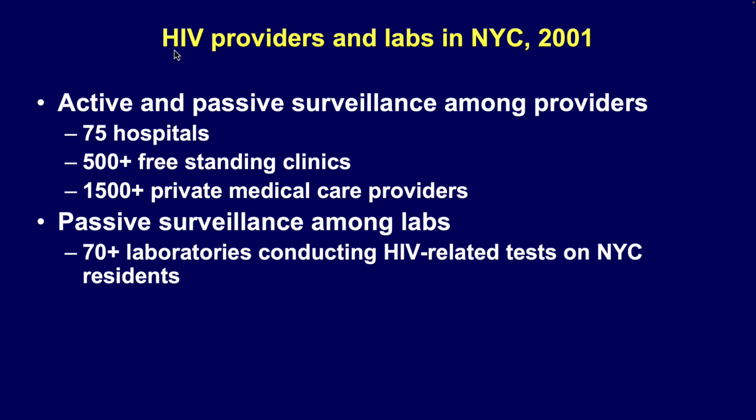So you can begin to imagine the size of the operation that might be behind the active surveillance component of New York City's HIV/AIDS surveillance system. From the laboratory standpoint, more than 70 laboratories were licensed by New York State to conduct HIV-related tests on New York residents. And the test results from all of these laboratories were a major source of data being received that needed to be managed as part of the new HIV/AIDS surveillance system.